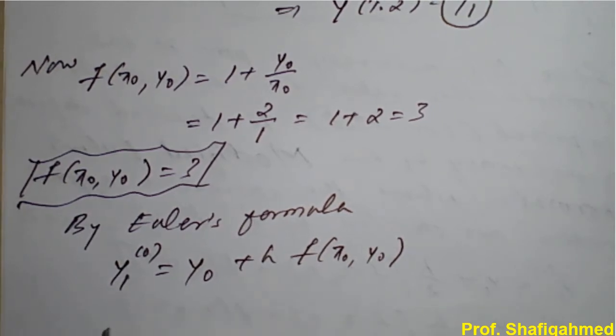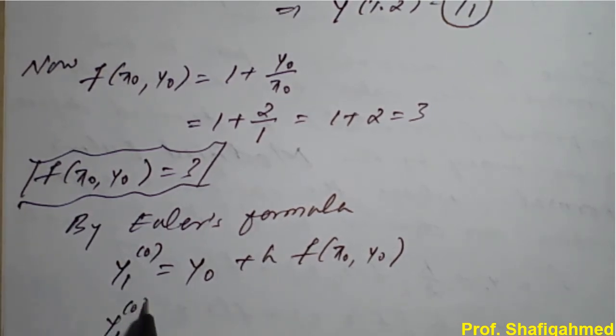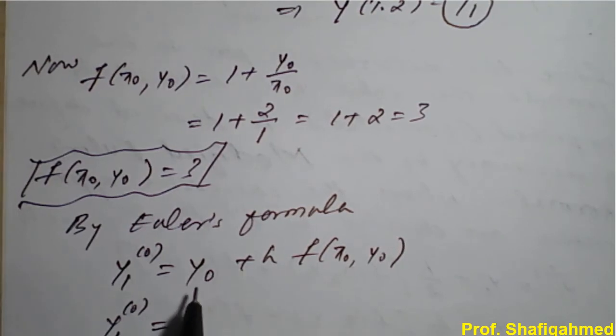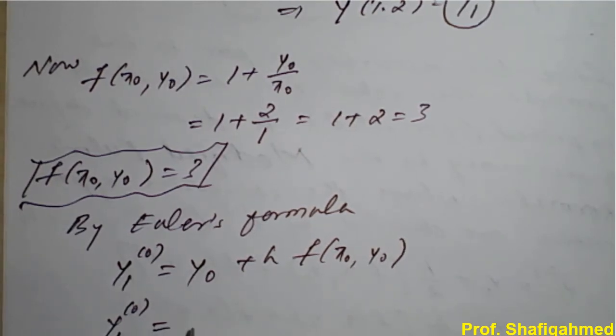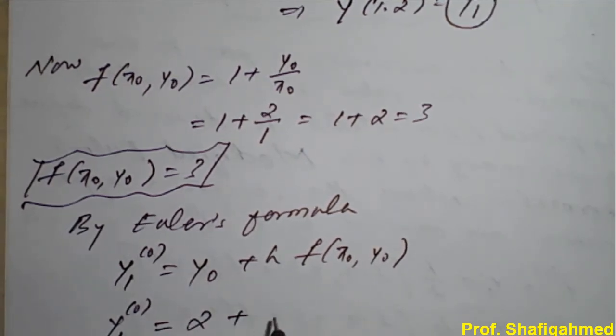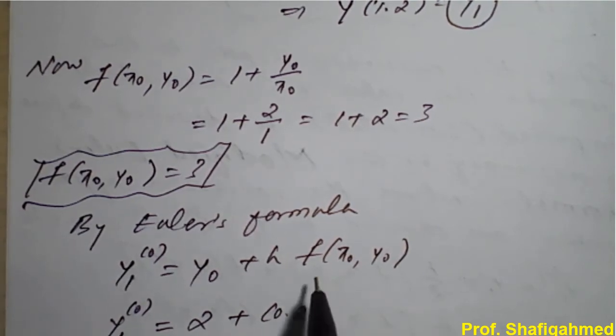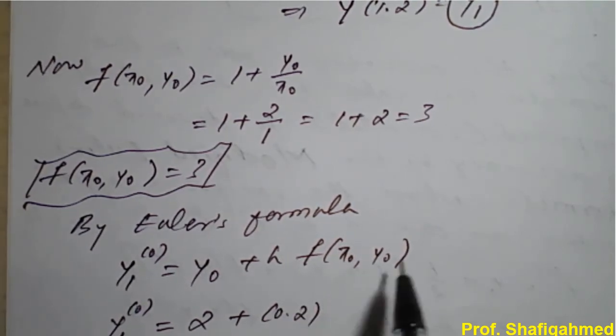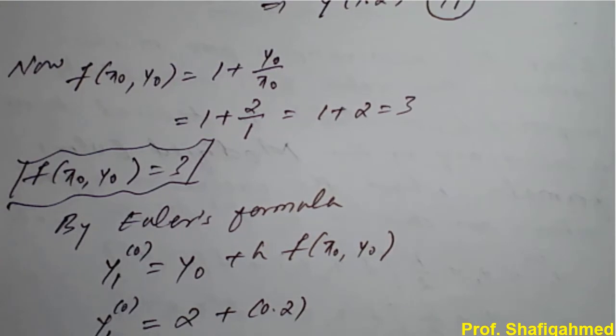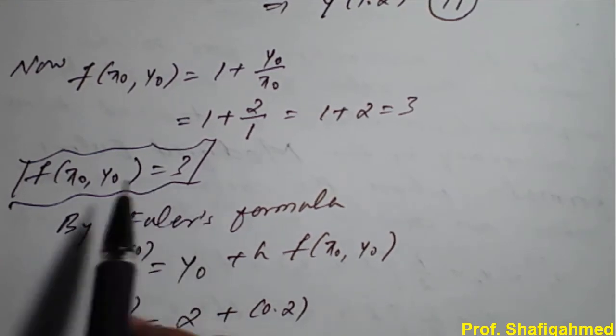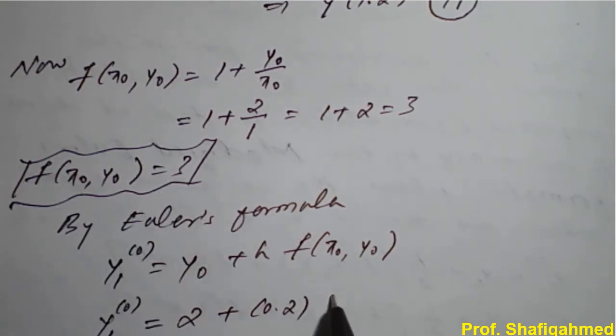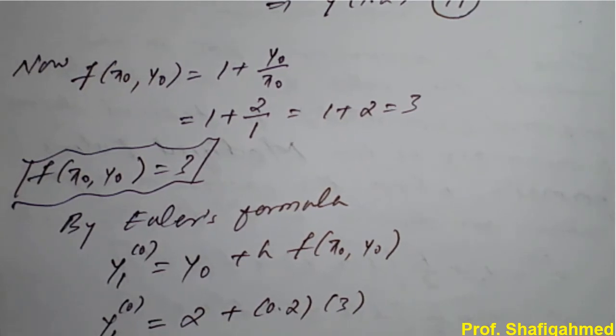Therefore what is the predicting value here, we'll see. So y1 of 0 is equal to y naught value, it is 2, plus h value is 0.2, f of x naught comma y naught, just now we got the value here, it is nothing but 3. I will multiply. So therefore using the calculator you calculate this.